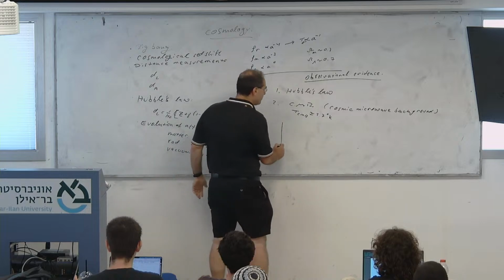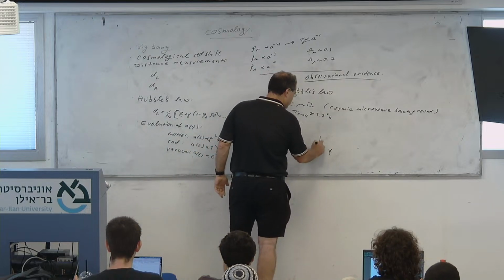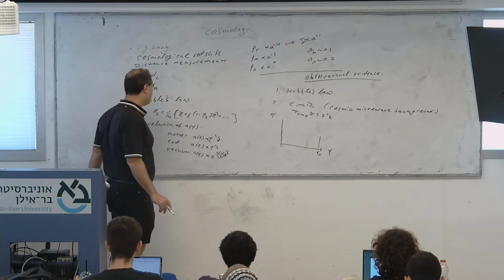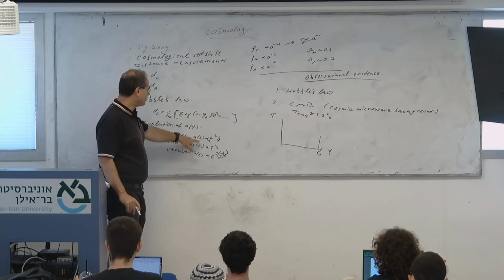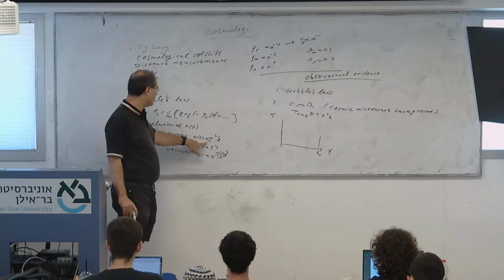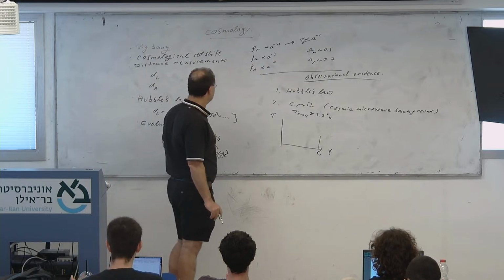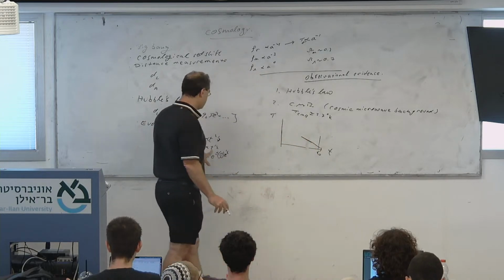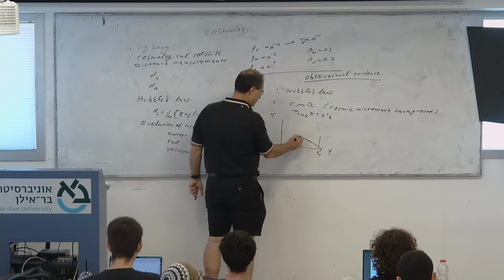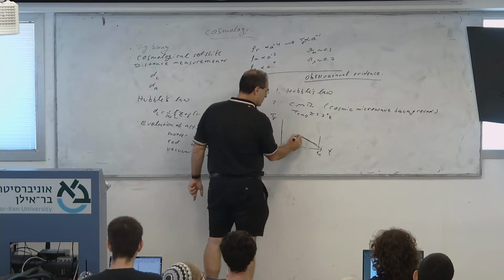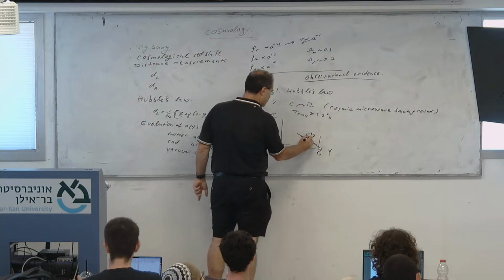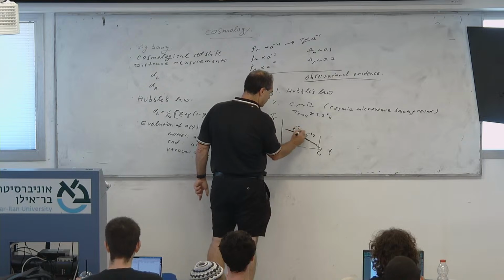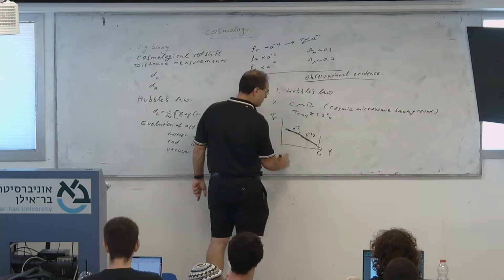So if I go back in time, this is time. This is T0 today. This is the temperature. So the temperature goes as a to the minus 1. Matter dominated, a goes as t to the 2/3. That means the temperature went as t to the minus 2/3, and then as t to the minus 1/2, roughly. But anyway, it increased.